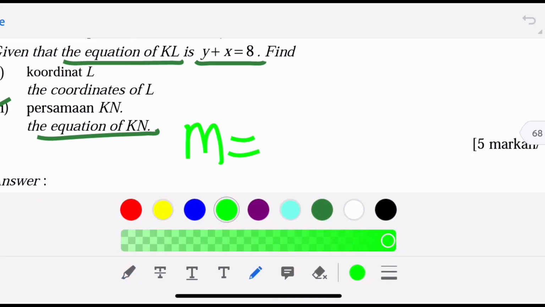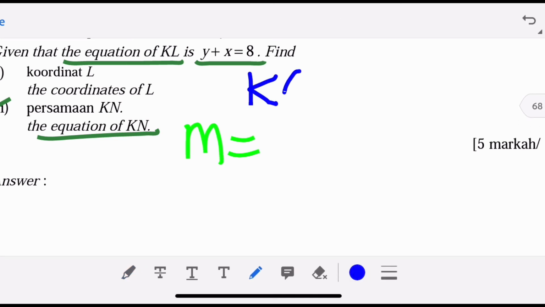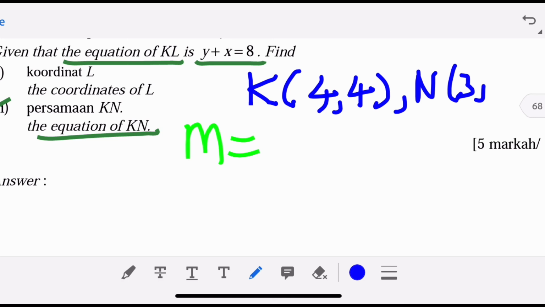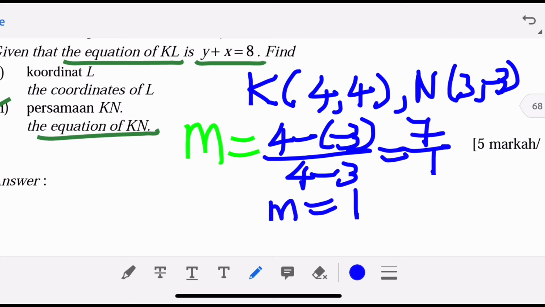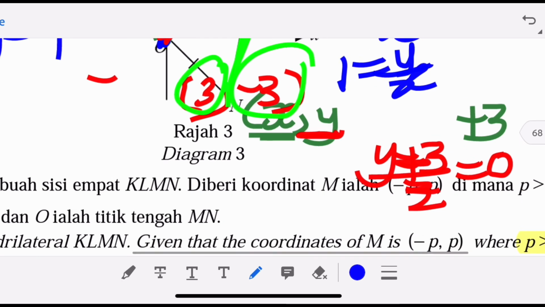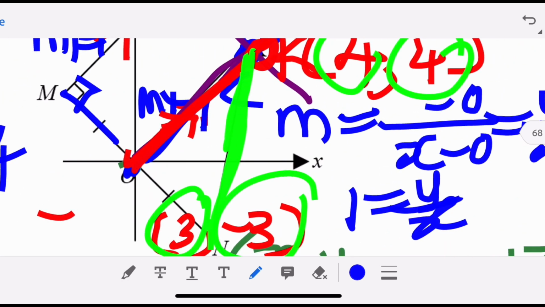We have the point K is 4, 4. We have the N is 3 and negative 3. So m is 4 minus negative 3 over 4 minus 3. So we have 7 over 1. So the gradient is 7 for the green line here.